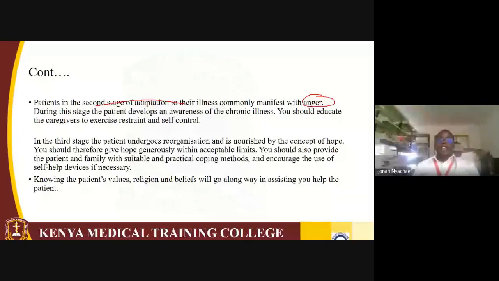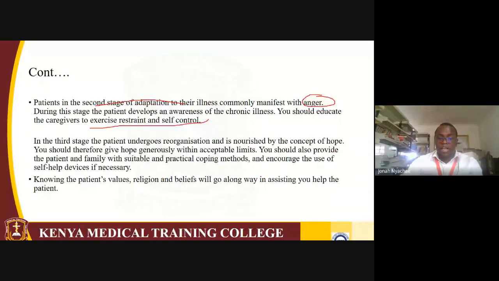So denial will be there, then anger, and during this stage the patient develops awareness of the chronic illness. So you have to educate the caregiver to exercise restraint and self-control. Normally in our wards we find patients who are angry, in denial, and don't want to take medications. You talk to them, they are rough on you; understand them. They are in a difficult circumstance. So you should exercise restraint and self-control, and also tell that to the persons who take care of them.